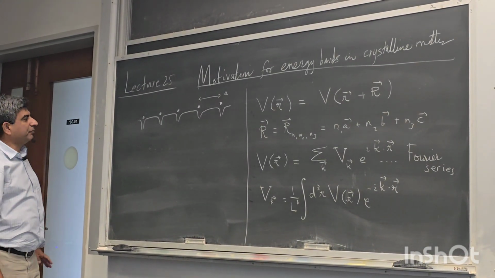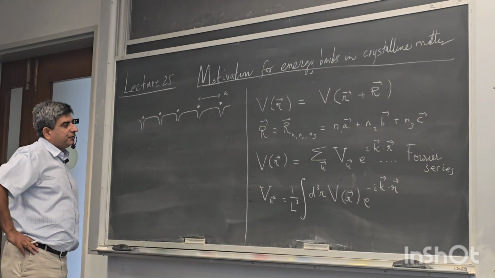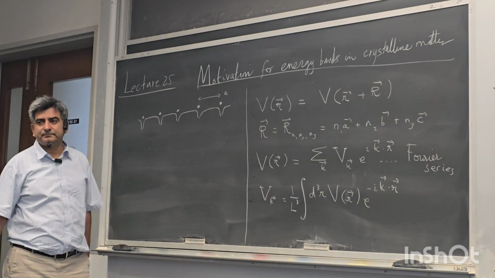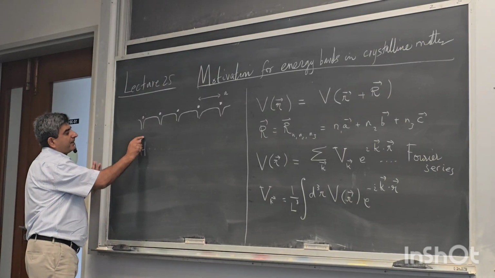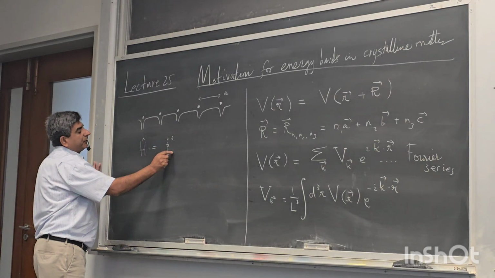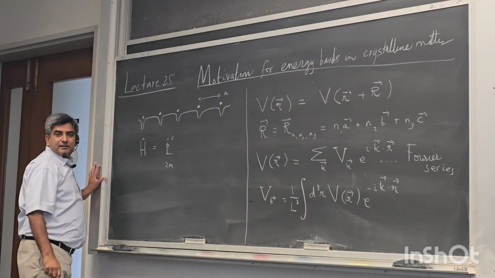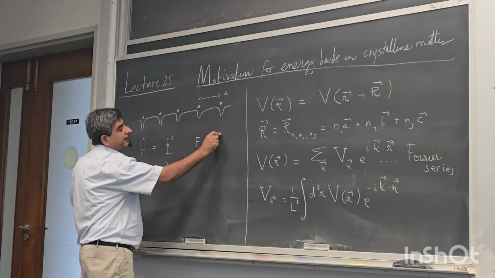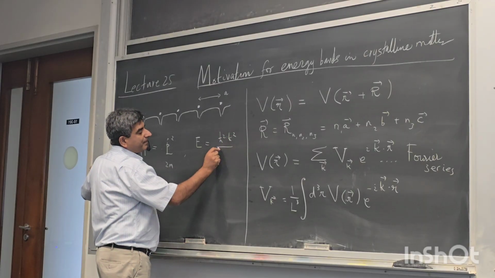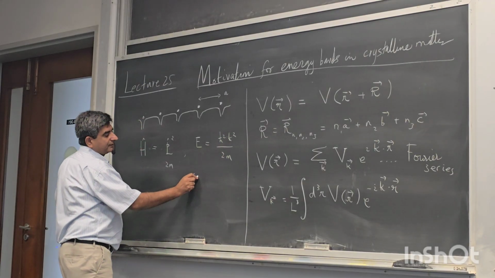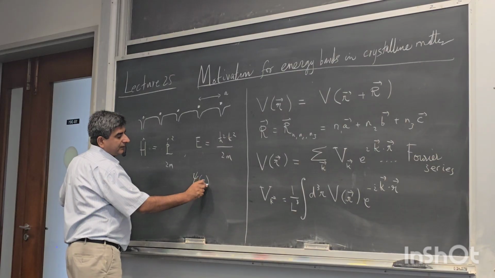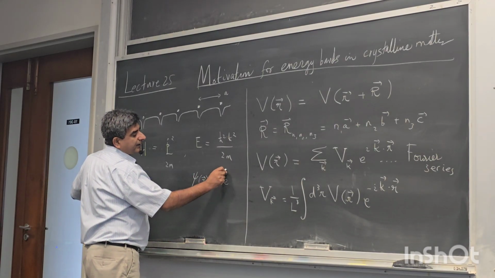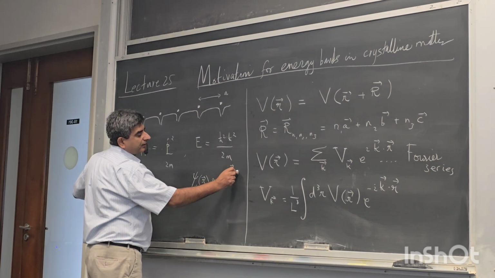Now what we would like to do is we would like to see, if you do not have any periodic potential, the Hamiltonian for the system is simply p squared over 2m, and the eigenenergies are given by h bar squared k squared over 2m, and the wave functions are simply proportional to e to the i k dot r, correct?